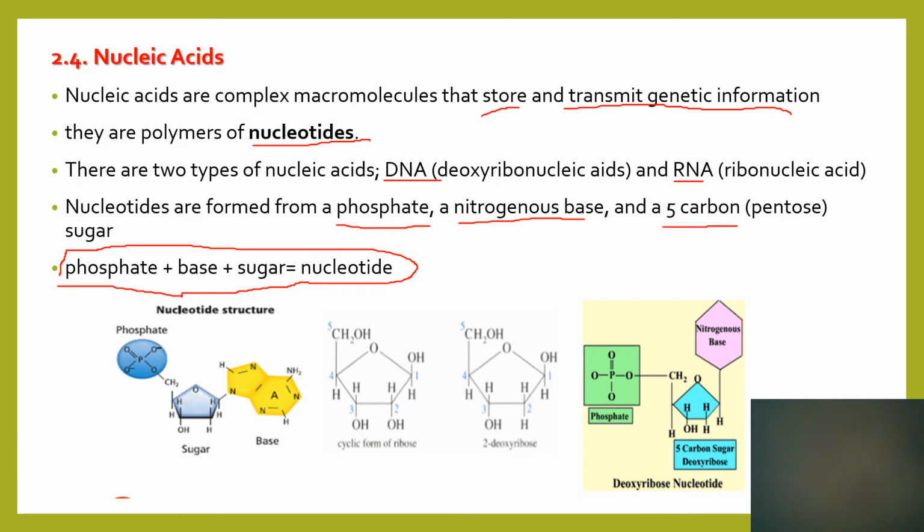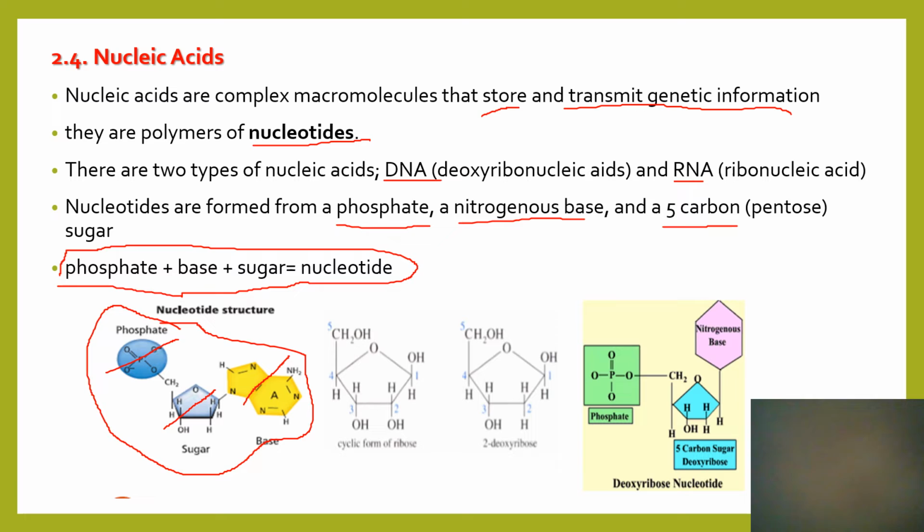Here you can see this is nitrogenous base, which is joined with sugar. The sugar is pentose sugar, 5-carbon sugar. This one is phosphoric acid or phosphate group. Therefore, when these three molecules are combined together, they make a single nucleotide.